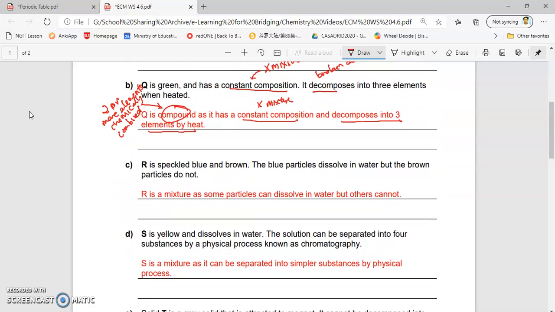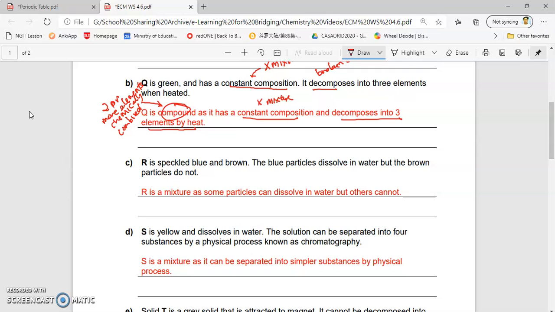Next one. Okay, R is speckled blue and brown. So you can see there's two different colors there. So you can see in terms of the physical property, because color is a physical property, there are differences within itself. So R has two different physical properties. Blue particle can dissolve in water, but brown do not. So we can see a difference again in physical property. So whenever we see that there's a difference in physical property, we know that the substance must be a mixture.